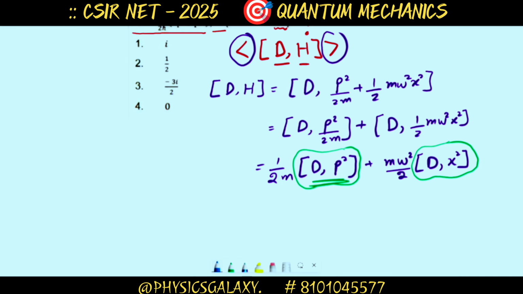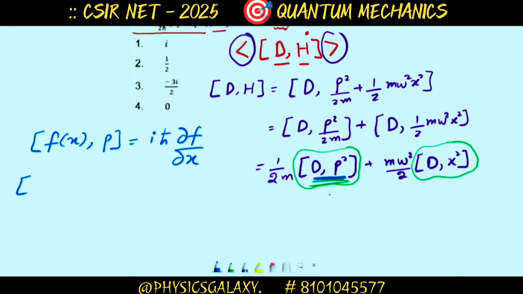We know from quantum mechanics that if we have some function f of x and p, then the commutator [f, p] can be given as iota h cut dou f by dou x. We already know this, but we don't have [D, p], we have [D, p squared] here.